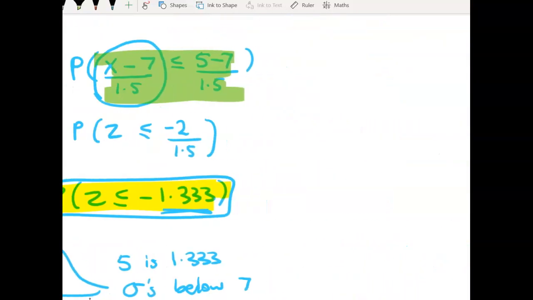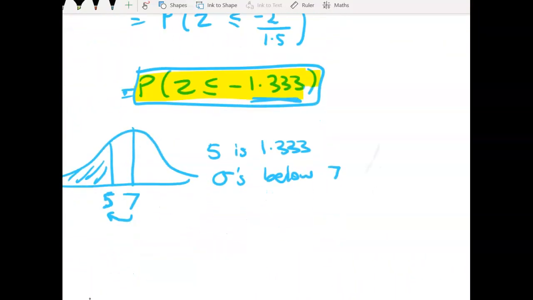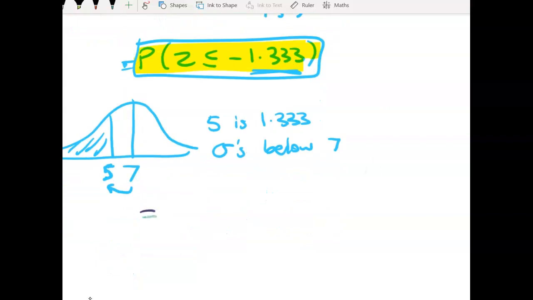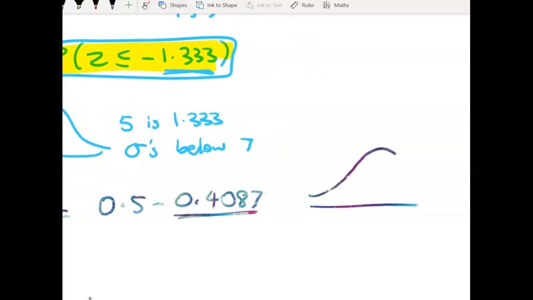So we'll go back to here. So this is going to equal 0.5 take away 0.4087. So this has come out of my Z table. My Z table is where I look up this probability, and I get this number here. So this number here, one more time, is 0.4087.